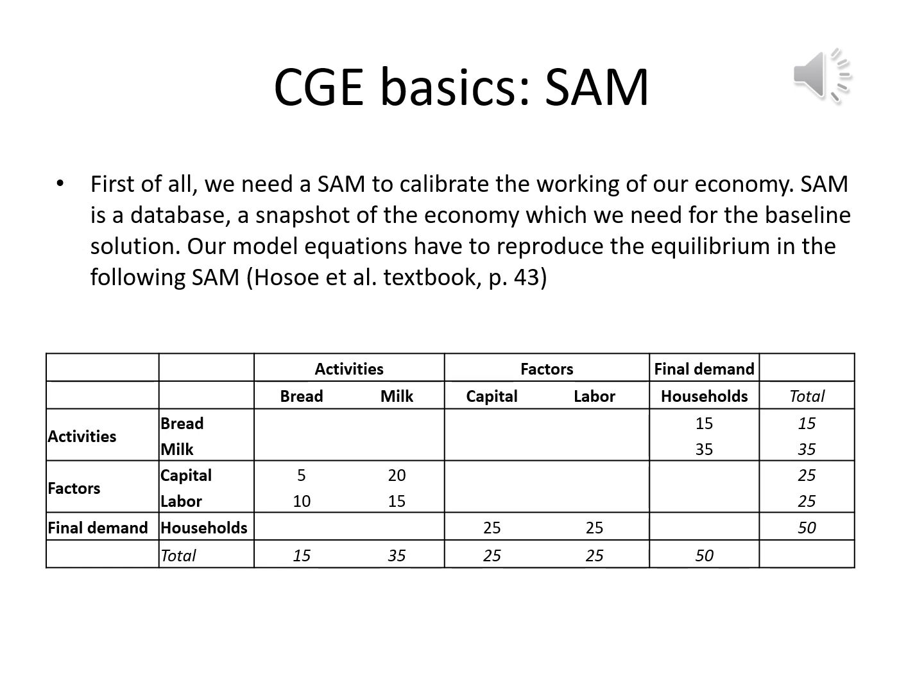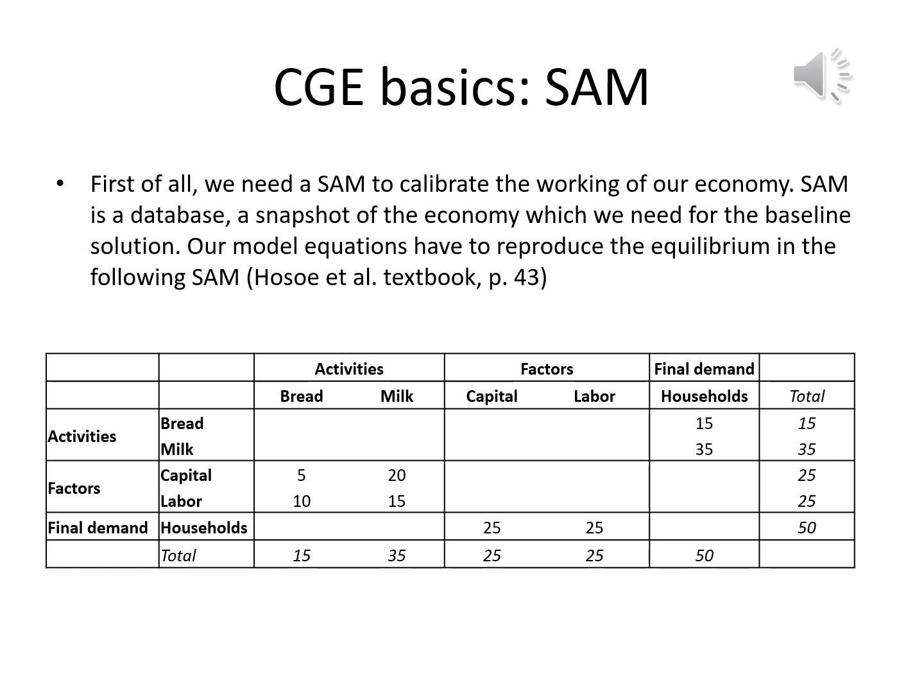Remember, the columns represent payments. So bread and milk are paying to activities, factors, and final demand. In this case, the activities are not paying to activities. If they do, this will be input demand, which we will see later in the next slide. If you look at the bread and milk columns, the 15 and 35, this is the sum of the payments made to capital and labor.